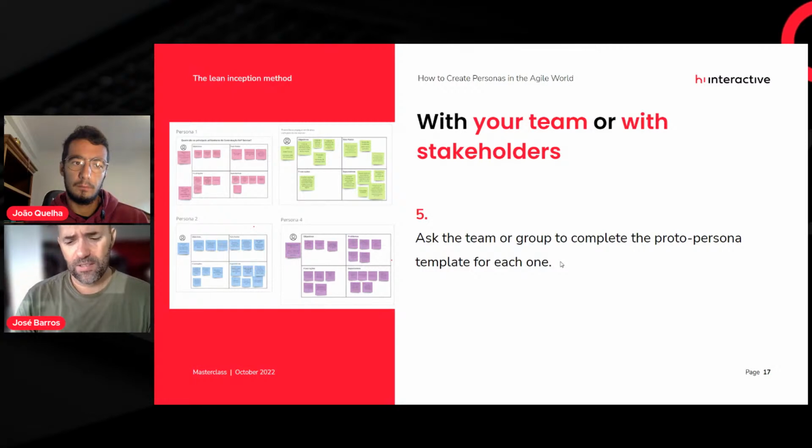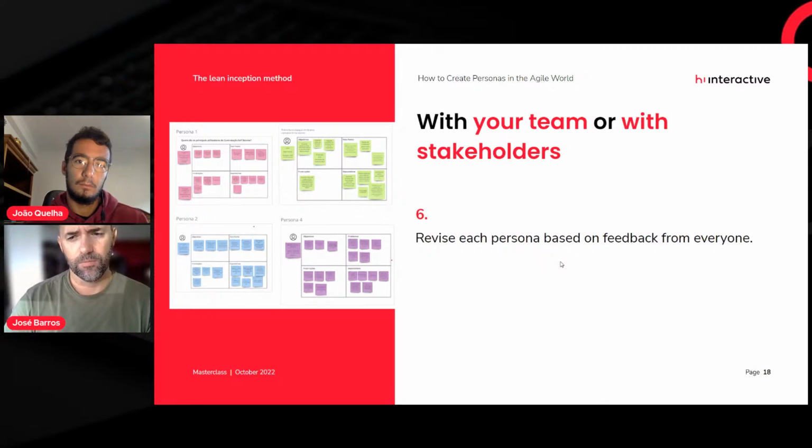Normally we do it like this, and after they complete the proto personas with the needs, objectives, frustrations, and goals, we bring them back, and we ask them to share each persona, so we can have a discussion on what is real or more real, and what is more feasible for each persona. So we ask feedback from everyone in the next phase.